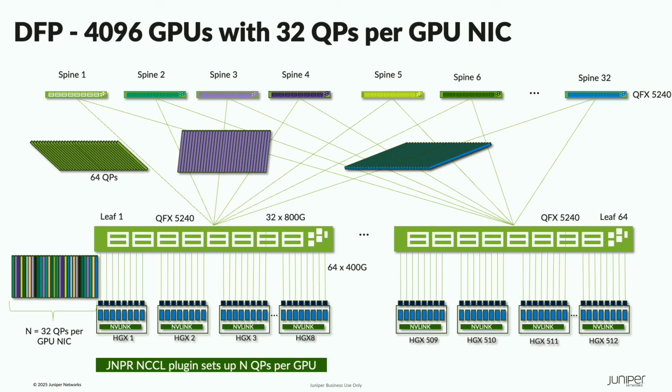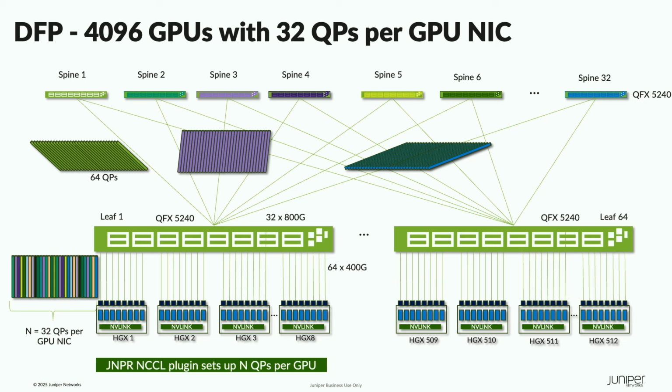So that's what I mean by 1:1 oversubscription, meaning whatever ports you reserve for the GPU facing or host facing, you have to have exactly enough capacity towards the spine to handle it if all GPUs are sending full line rate.